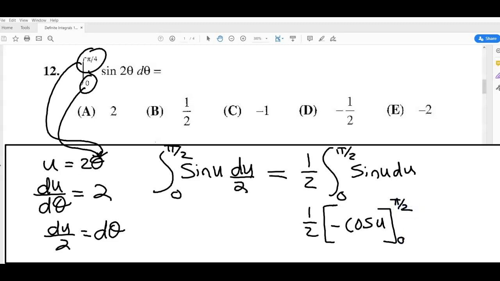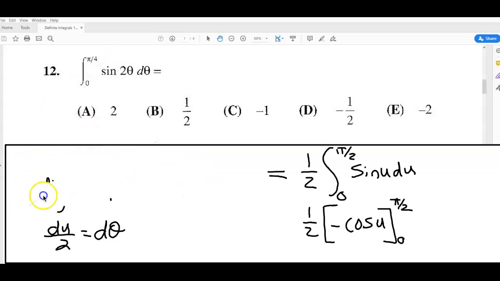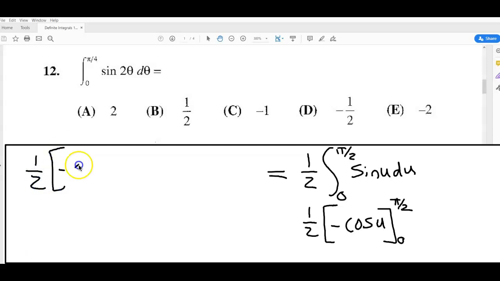When you do definite integrals, you don't do plus c. Okay, so now we're going to go ahead and plug in our limits there. So we have negative cosine of pi over 2 minus a negative cosine of 0.